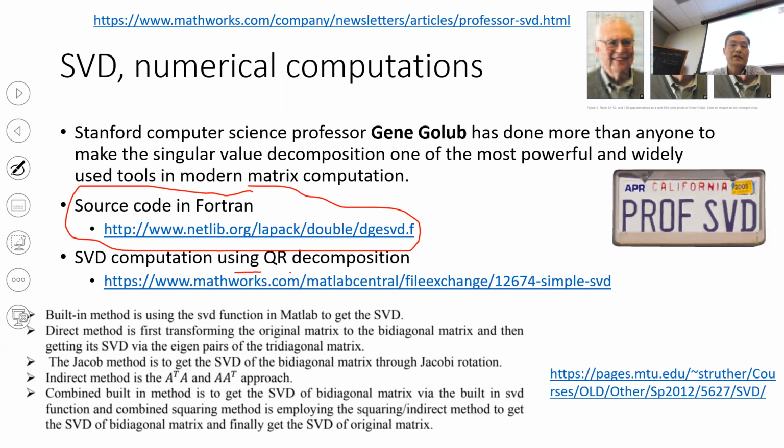Internally, it borrows the so-called QR decomposition to achieve this. And you can also achieve SVD using this approach.